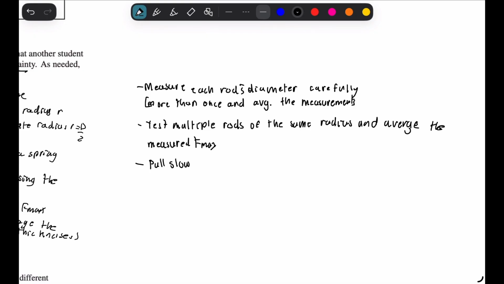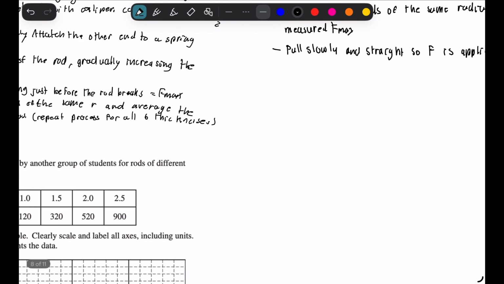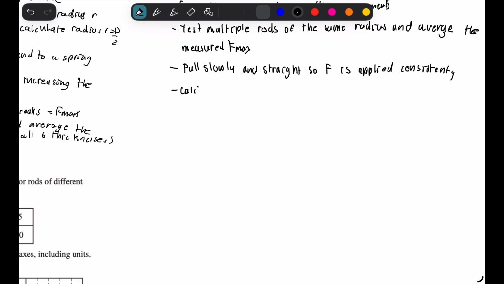You could pull slowly and also straight, so F is applied consistently. And you could also calibrate your force probe or scale before you use it. And keep environment constant.